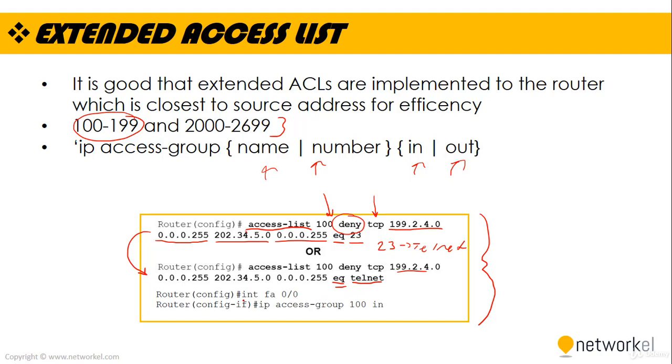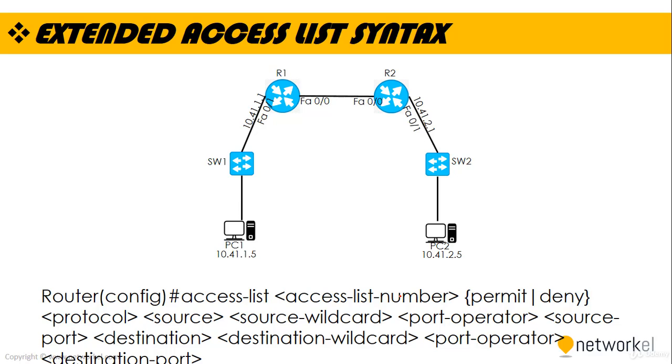Then, the same thing as the standard access list, I'm getting into the interface mode and I'm typing ip access-group, the number of the ACL, and inbound or outbound as the direction. And here is the syntax. As we can see, access-list, the access list number, permit or deny, the protocol name, source address, and the wildcard of the source.